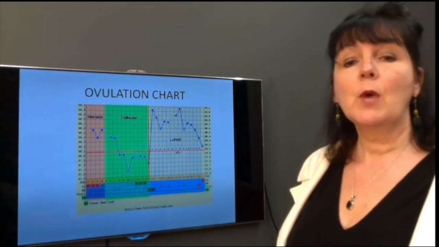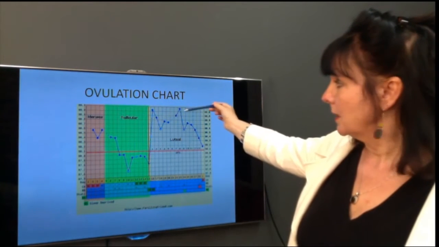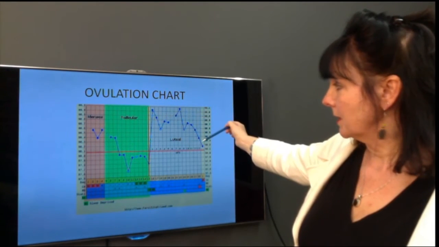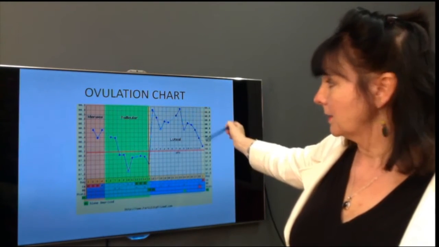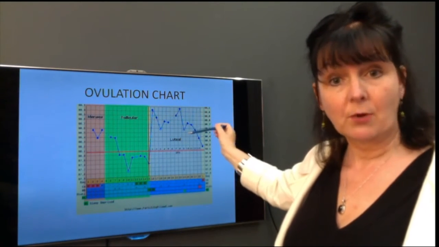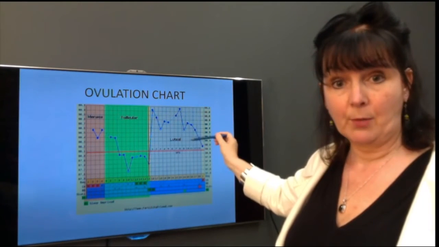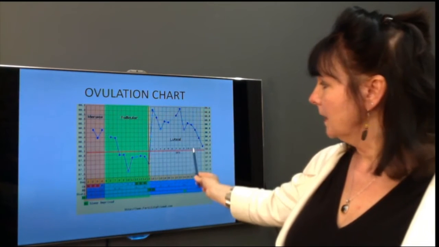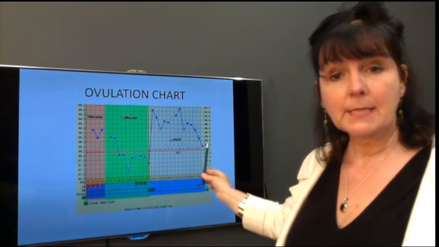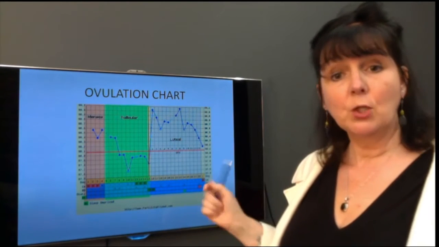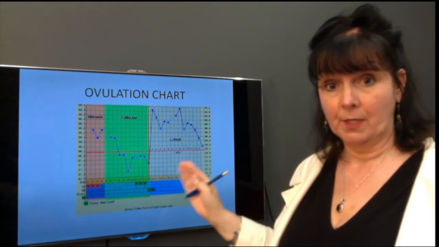If you have clients whose temperatures are dropping too soon, and you can see here that these temperatures are starting to drop before the bleed starts, it shows that her progesterone levels are dropping, and that would have an effect on maintaining a pregnancy. So you need temperatures to be up for probably 10 days plus, and usually it's between about 12 and 16 days, the length of the luteal phase.